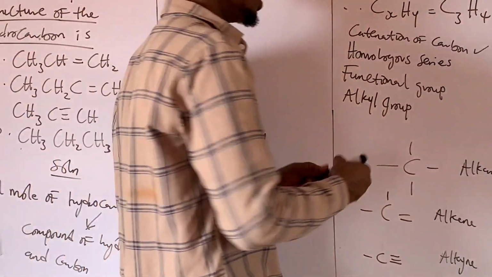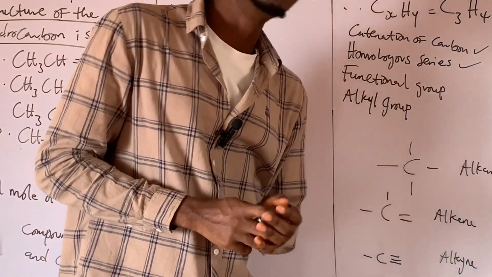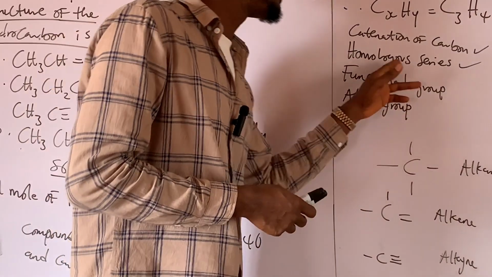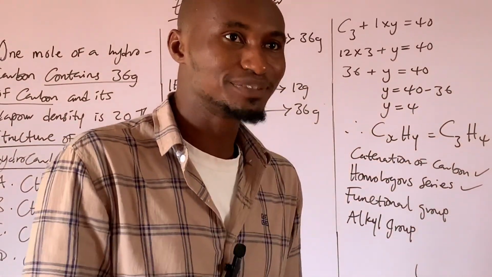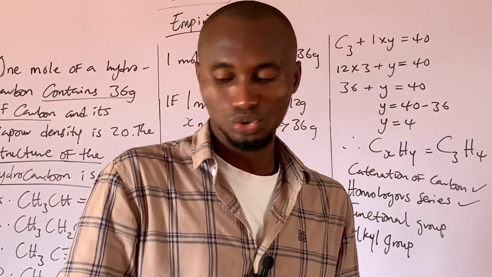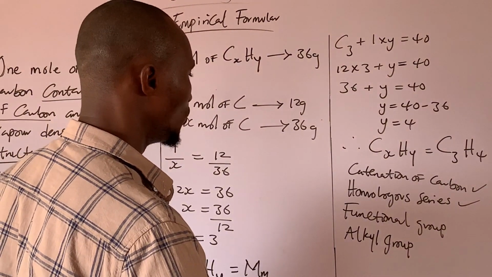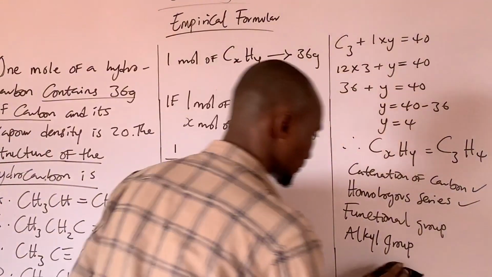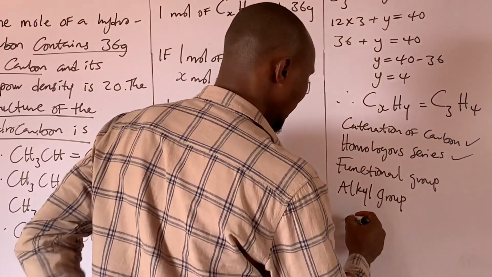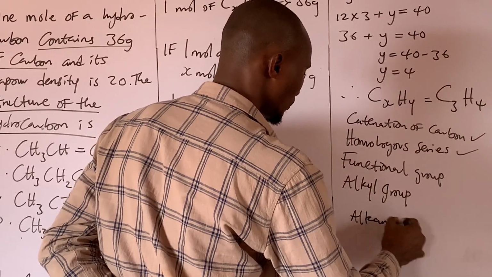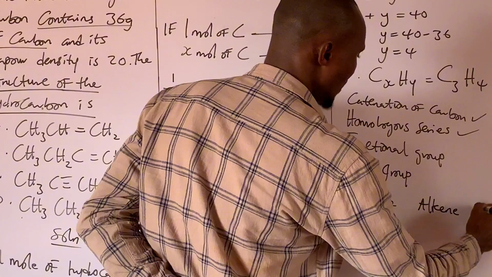Now the next one is homologous series. Homologous series is the family of organic chemistry in which each successive member differs by CH2. What do I mean? For instance, we have alkane, we have alkene, we have alkyne.